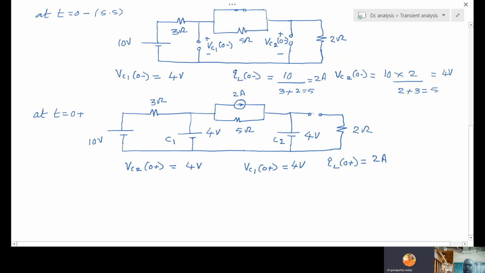So let us call this current I5, the current through the 5 ohm. This current is IL. This current is IL minus I5.